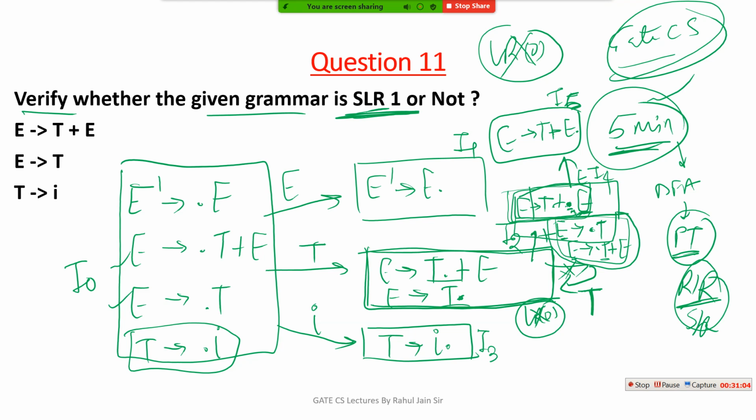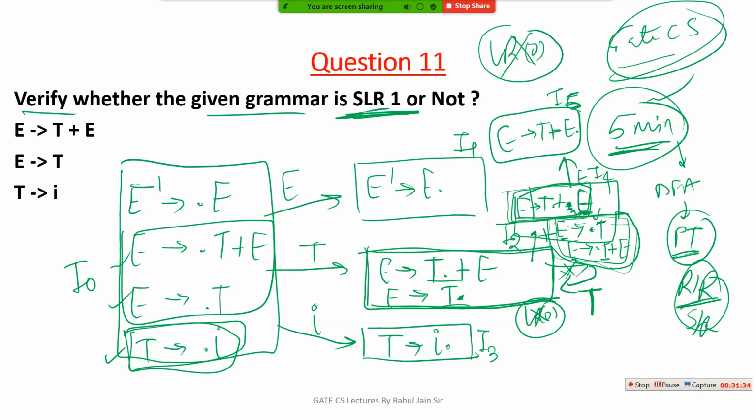Is it clear to you? The closure property rule is that we only need to include the equations in which we have a dot before a non-terminal. So we have a dot before only E, and I only need to add these two equations here. It is because we are following the closure property of this set.